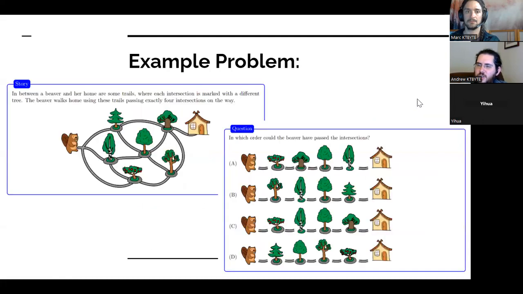So let's move on and take a look at this one. This is basically a graph theory problem in disguise. Now, we don't really need to talk about what that means, but that's a topic you see in a more formal way at higher levels of programming theory and implementation. But basically, we've got a map here, and this beaver is trying to navigate between these trees to get to its home.